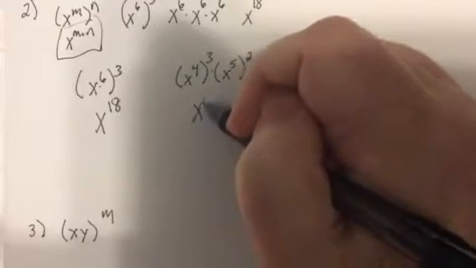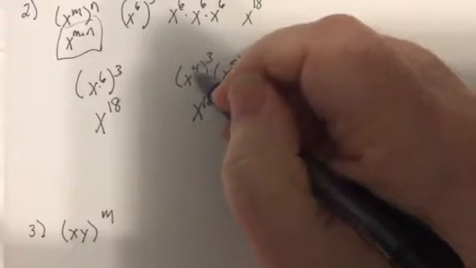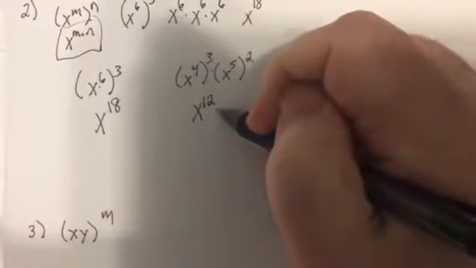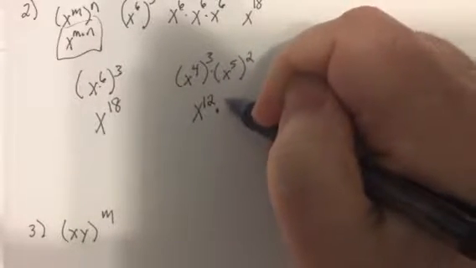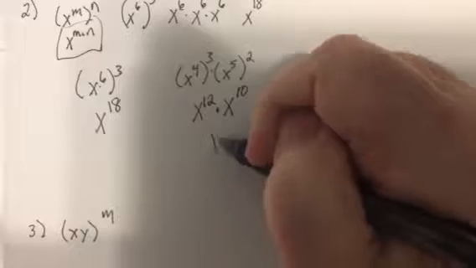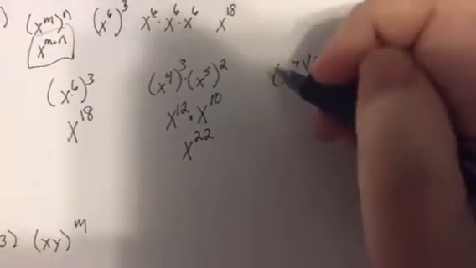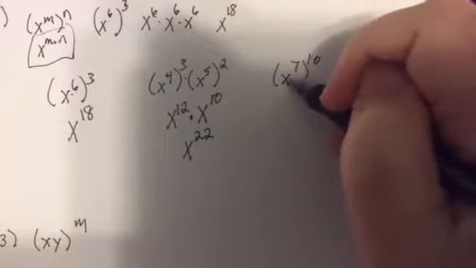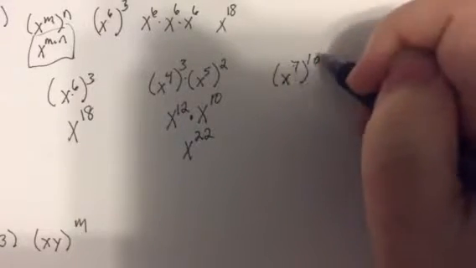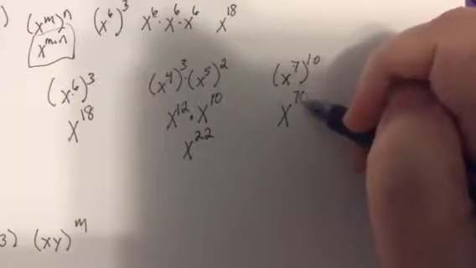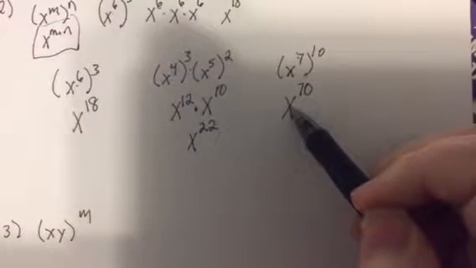So this would be x to the 12th, 4 times 3 is 12, times x to the 10th. So that'd be x to the 22. And this one, take a base, raise to a power, then raise the whole thing to another power, it'd be x to the 70. So we actually have 70 x's multiplied together.